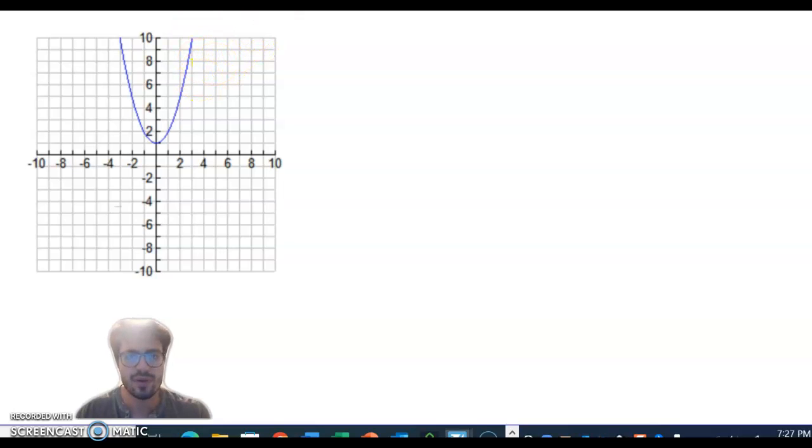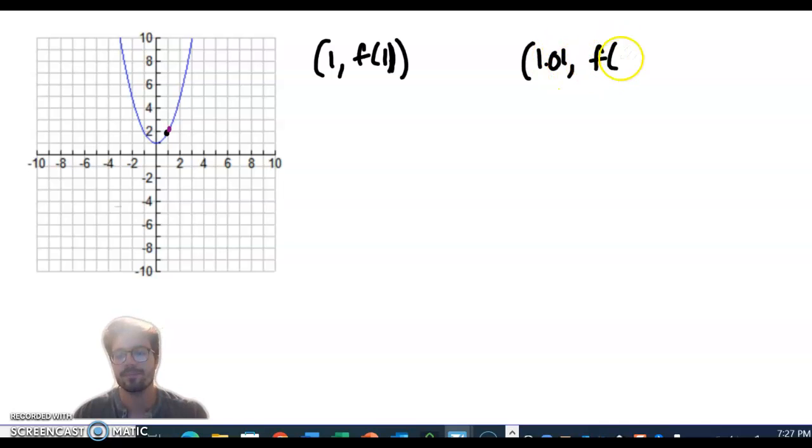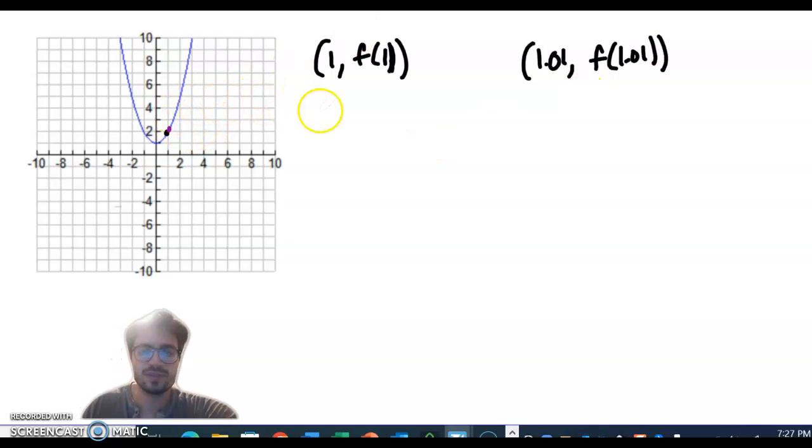I had the point where I'm trying to find the slope of the tangent line, and I picked one right here. Let's say that first point is still (1, f(1)), and then the other point is, let's say, 1.01. We can figure out what that slope is.